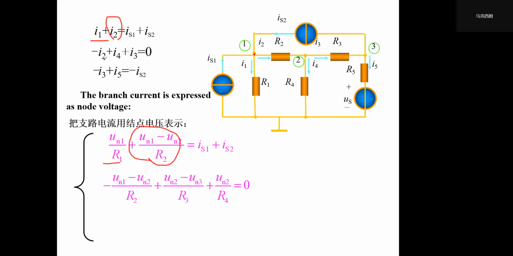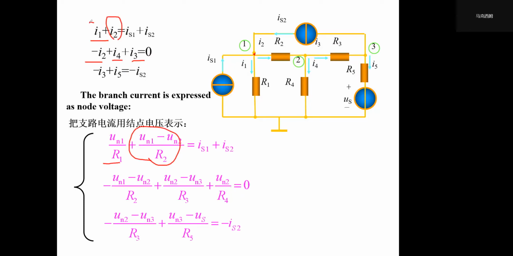Similarly, we can replace all the other branch currents with the node voltages.